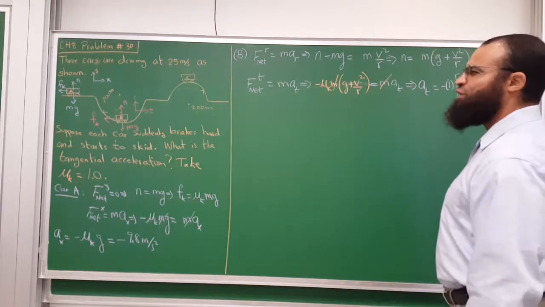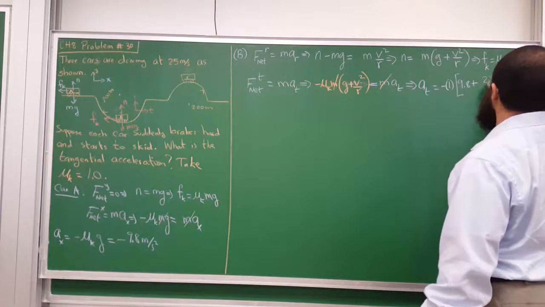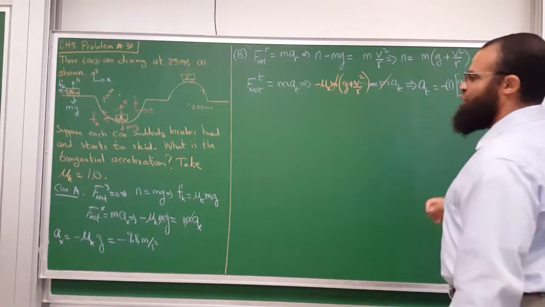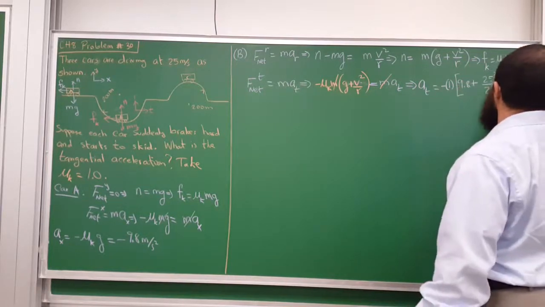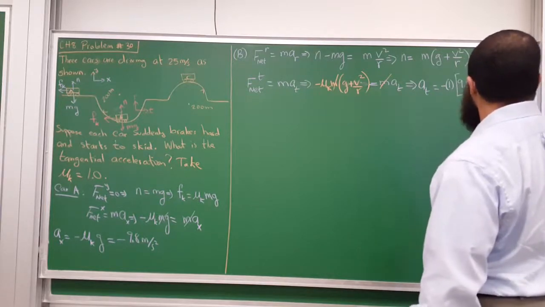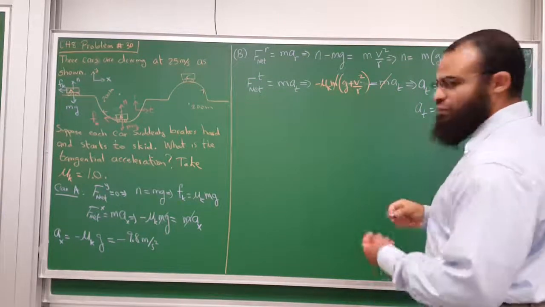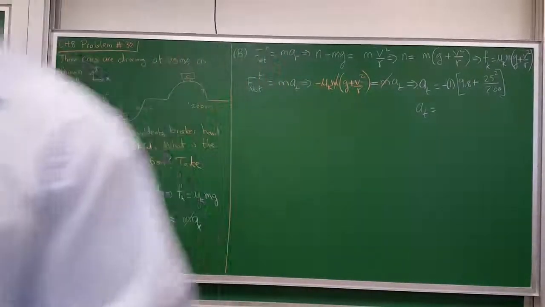They are moving at what speed? 25. So v squared divided by r, where r is 200 meters, so 200. We need a calculator to do this.